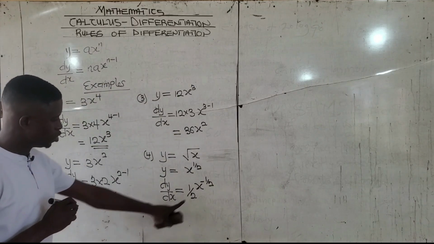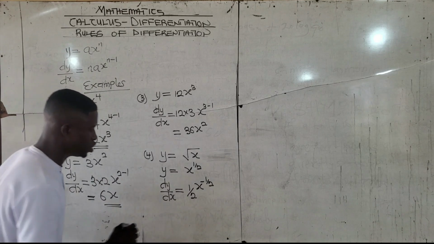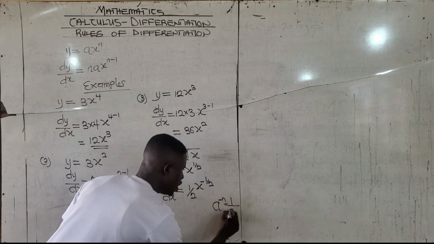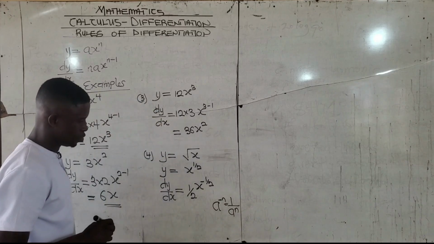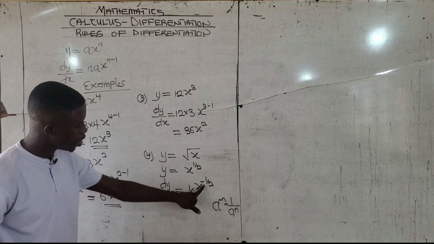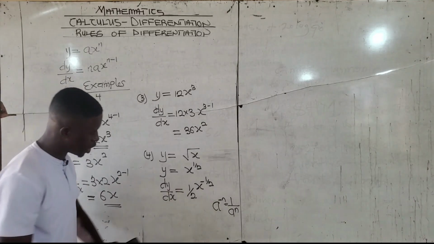All right. So to eliminate the negative sign in indices, we know a to the power negative n is equal to 1 over a to the power n, which means the x to the power negative 1 on 2 appearing here will move to the denominator and eliminate the negative sign.